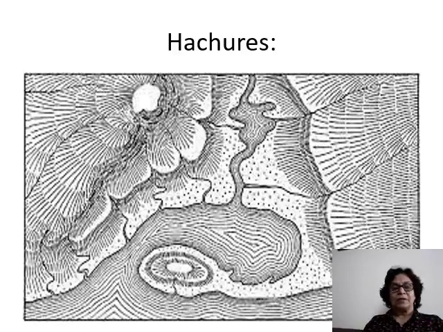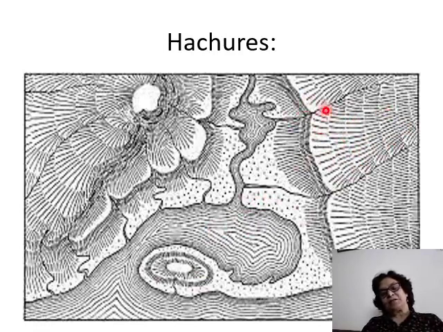For example, here we can see a mountain and we can see the top is flat. Then the hachures are drawn for a kind of conical hill. These are also the hachures for a valley. These are disconnected lines which are drawn.